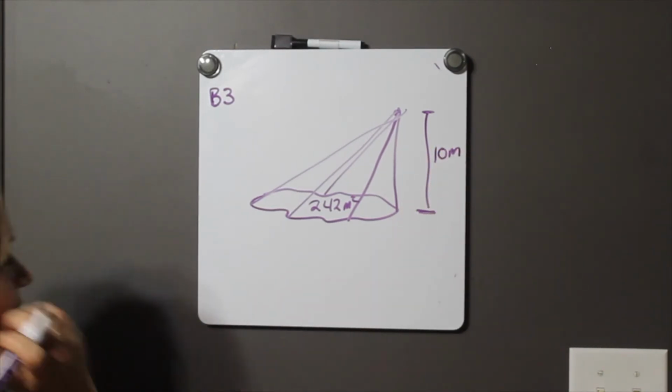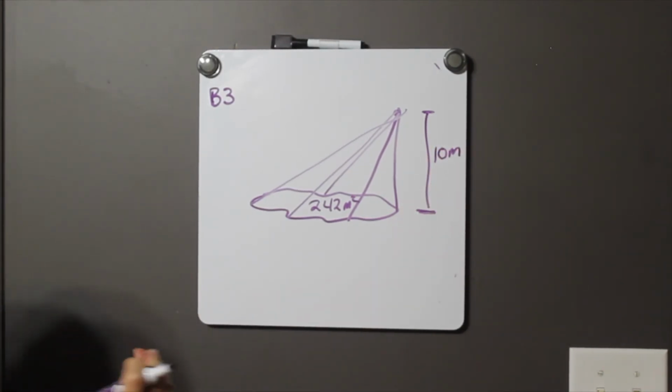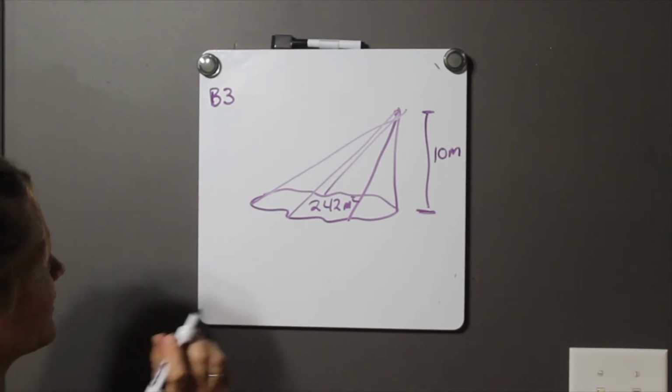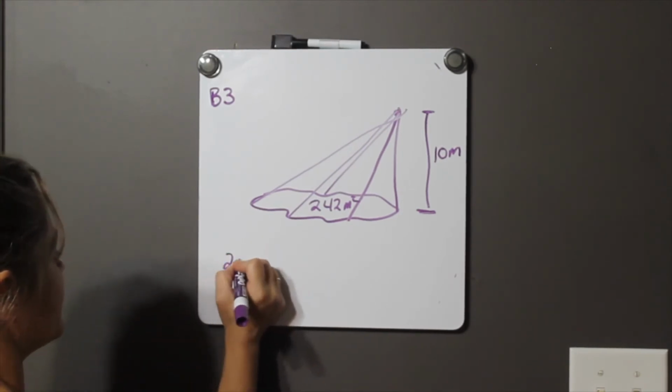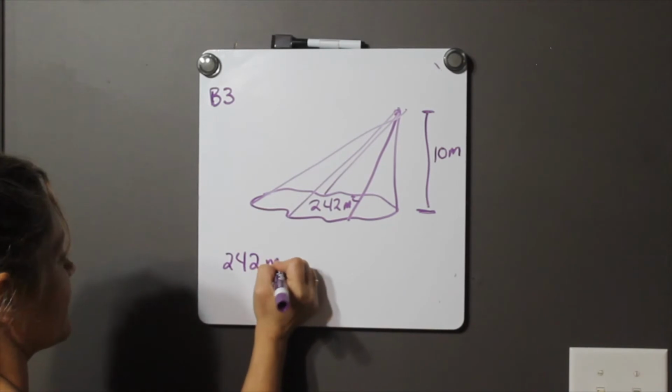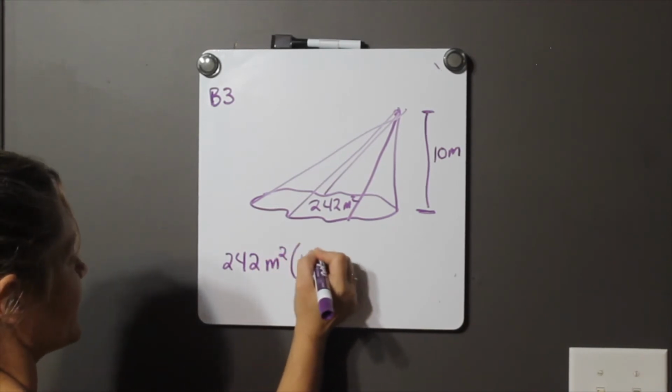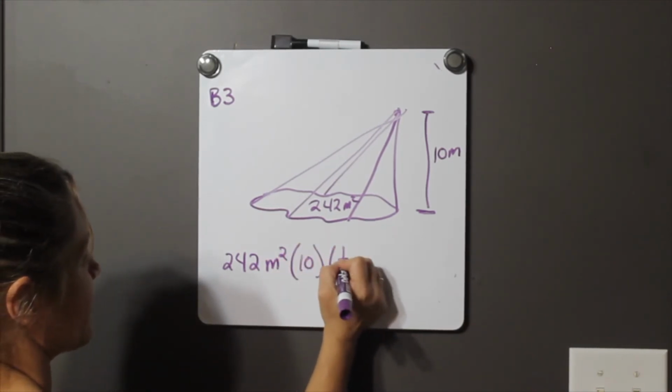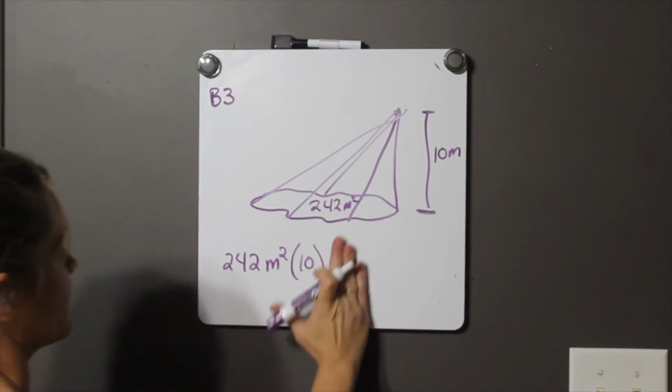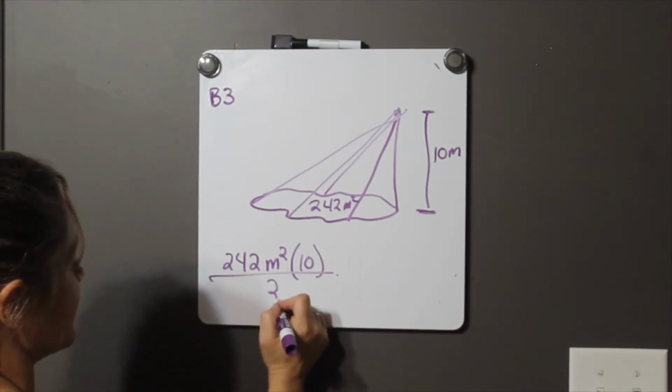Okay, so to find the volume of a cone, it's 1/3 of what a cylinder is. So we're going to say 242 meters squared times 10 times 1/3, or an easier way to write that is divided by 3.